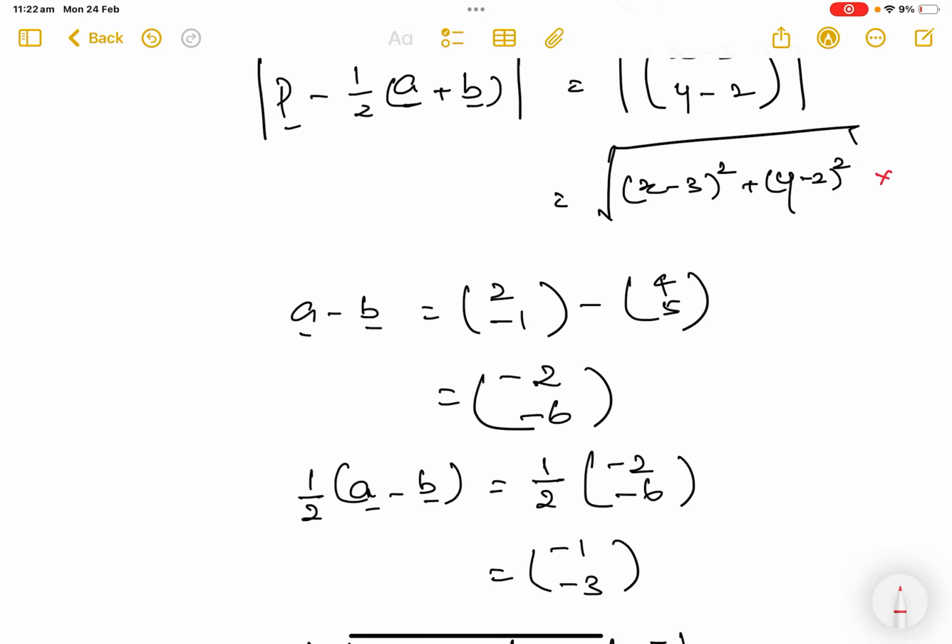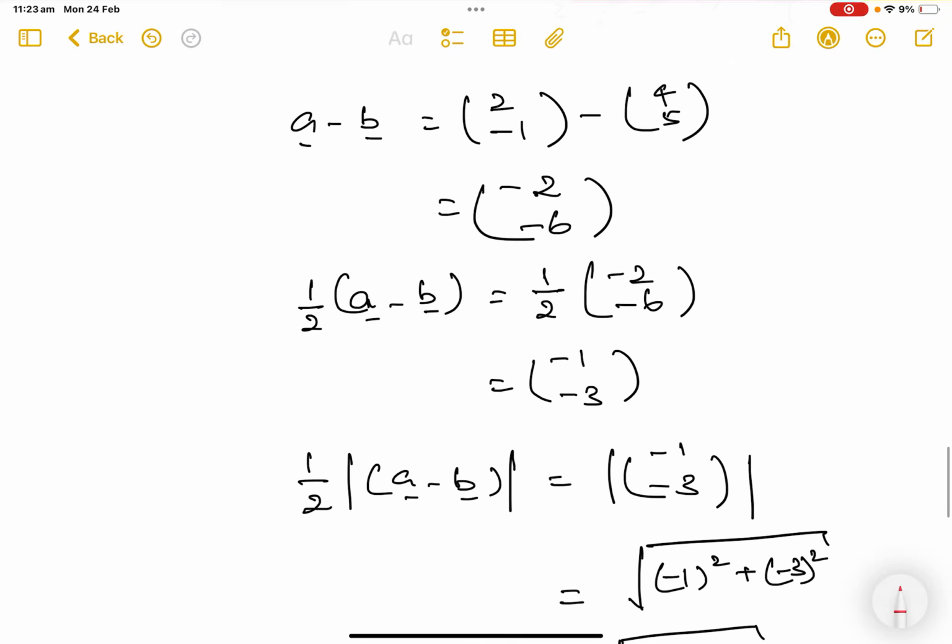A minus B is 2, minus 1, minus 4, 5. So subtract: 2 minus 4 is minus 2, minus 1 minus 5 is minus 6. Half times A minus B: minus 2 divided by 2 is minus 1, minus 6 divided by 2 is minus 3.